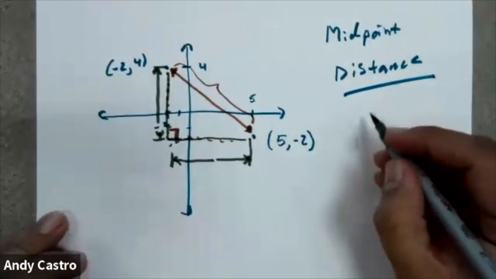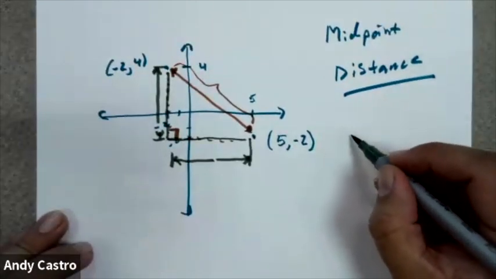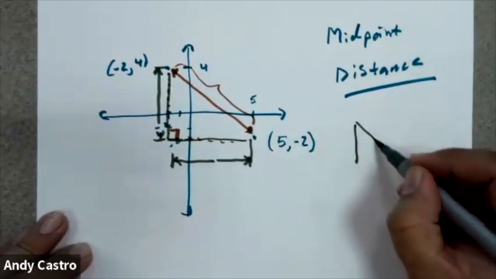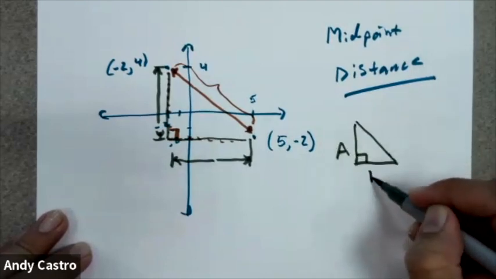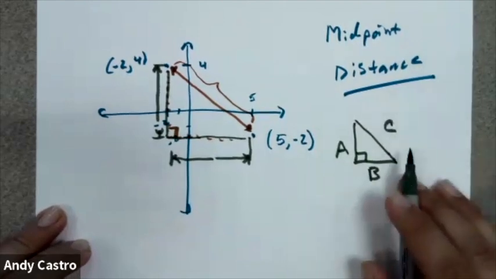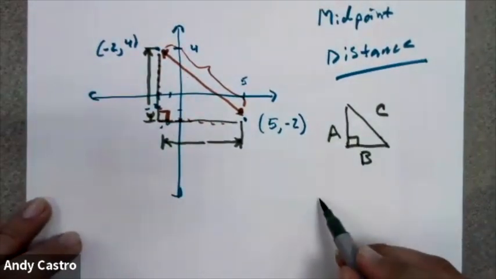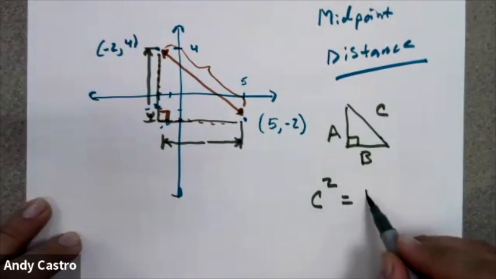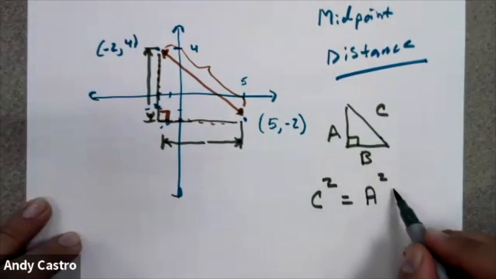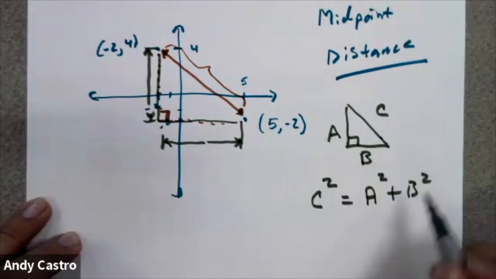And if we remember the Pythagorean theorem, for any right triangle with legs A and B, the hypotenuse can be calculated. The hypotenuse squared is equal to A squared plus B squared.